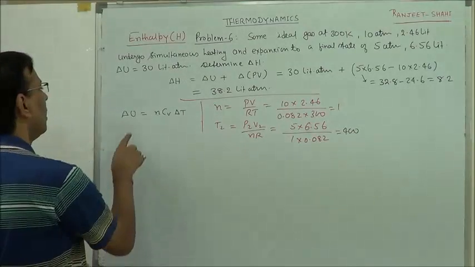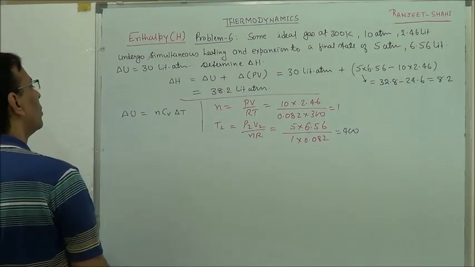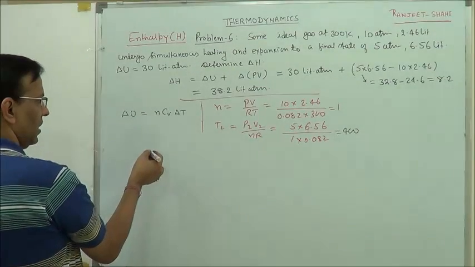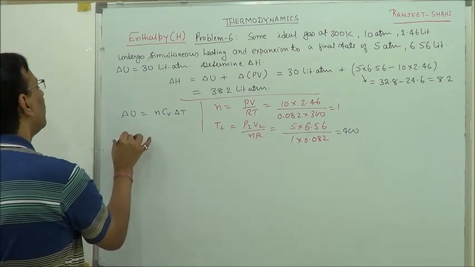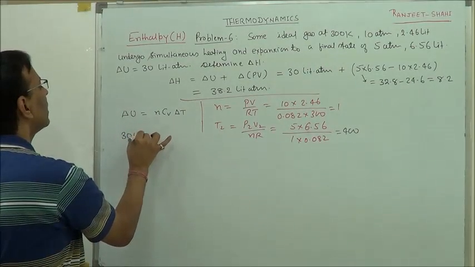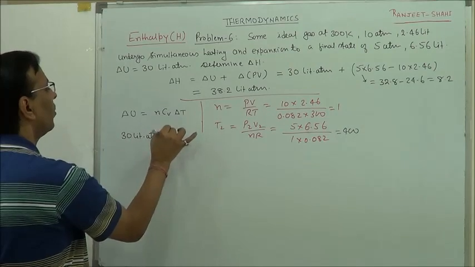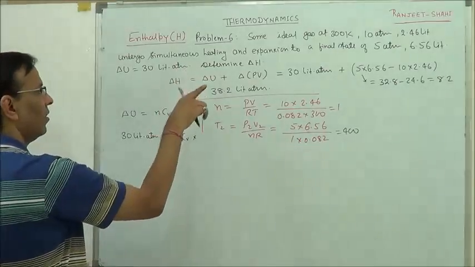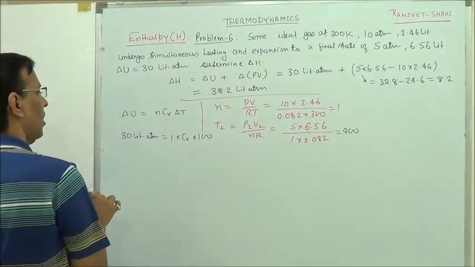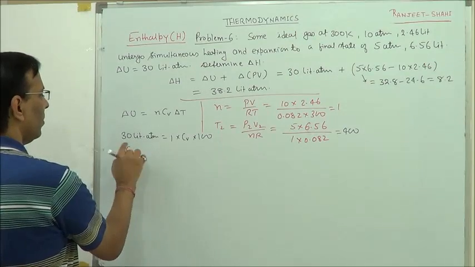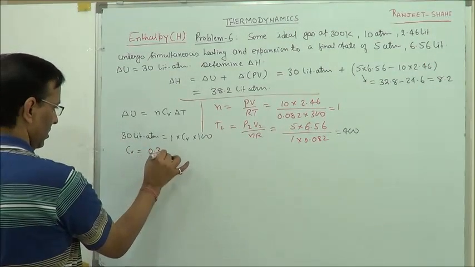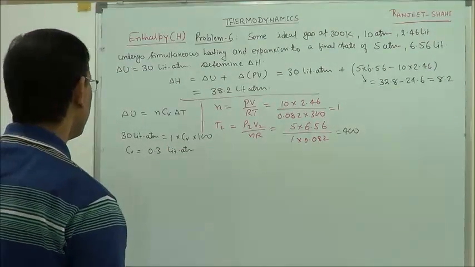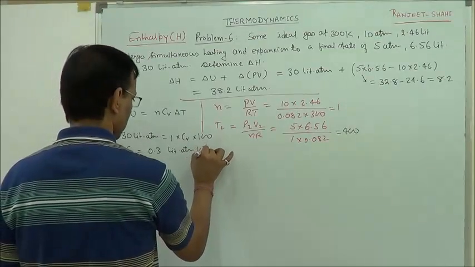So delta U, 30 liter atmosphere, is equal to n, which is 1, Cv into delta T. Delta T is 100. So Cv will be 30 upon 100, 0.3 liter atmosphere per Kelvin per mole.